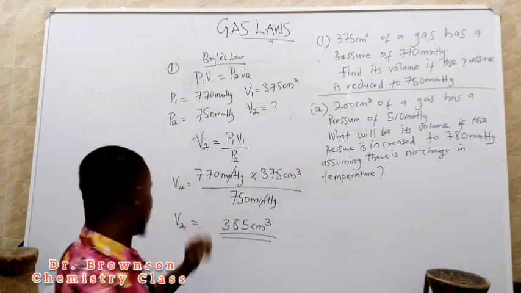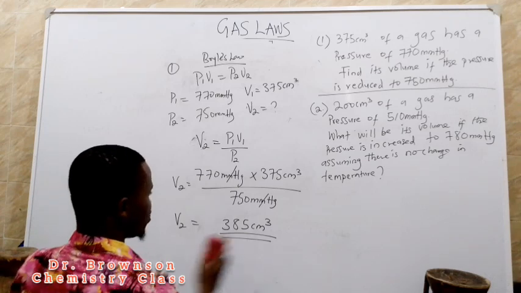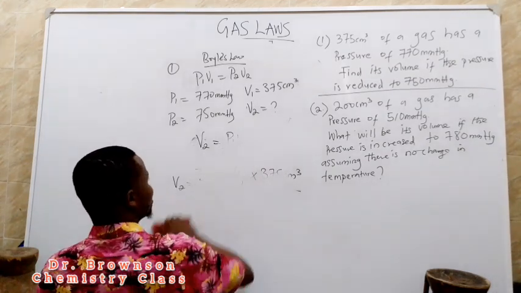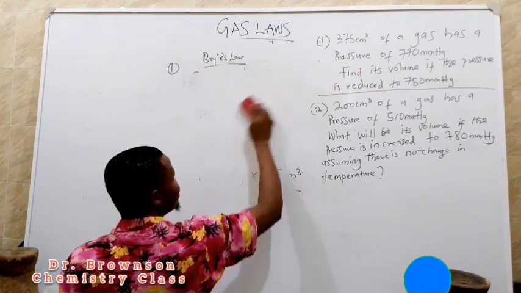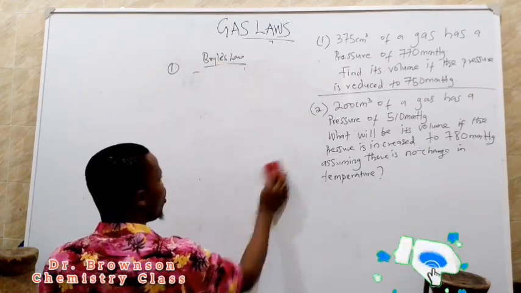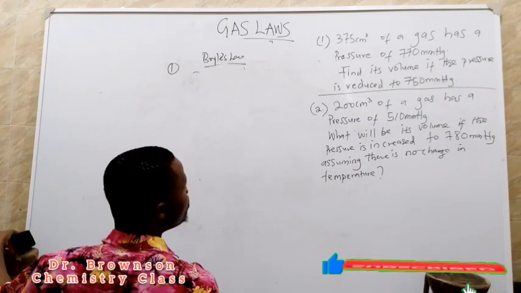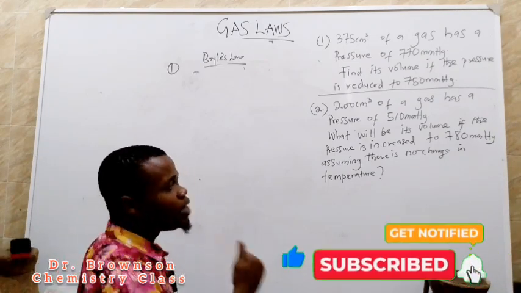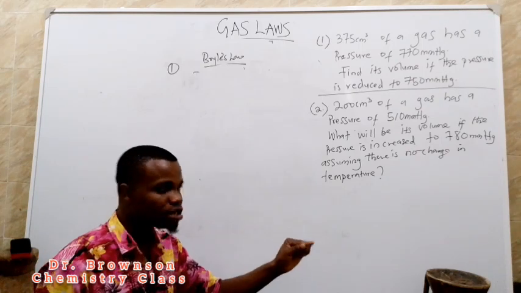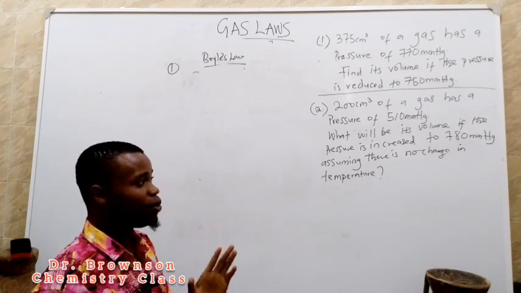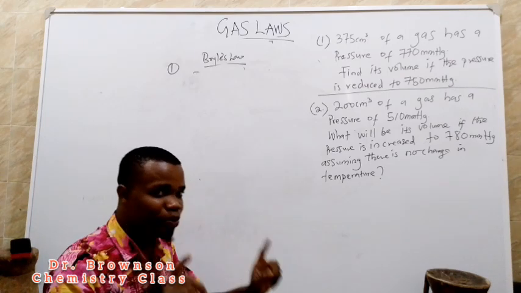So let's solve the second example. Let's solve the second example quickly. So the question says 200 centimeter cube of a gas has a pressure of 510 millimeter mercury. What will be its volume if the pressure is increased to 780 millimeter mercury, assuming there is no change in temperature?